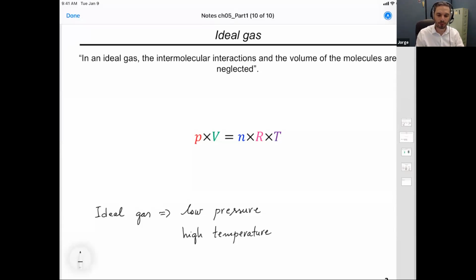Those are the situations when we will observe the ideal gas behavior, okay? So a combination of low pressure plus high temperature.